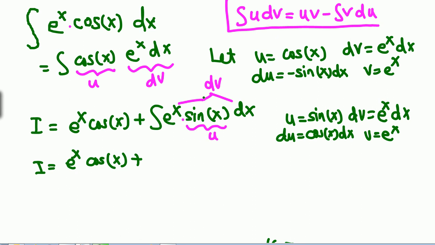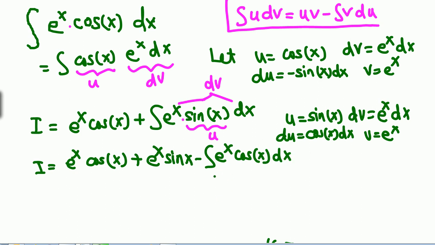So the original integral I equals e^x cosine x plus, now let's use the integration by parts formula because we chose u and dv. So uv, u times v, I don't have to put brackets here because I'm working with a plus sign unlike last time. So uv, so sine x e^x, so plus e^x sine x, uv minus integral of v du, so e^x cosine x dx.